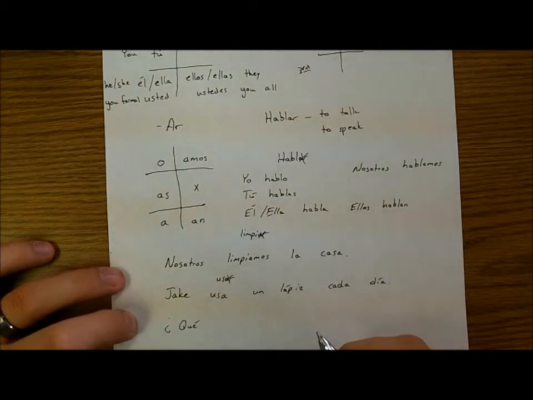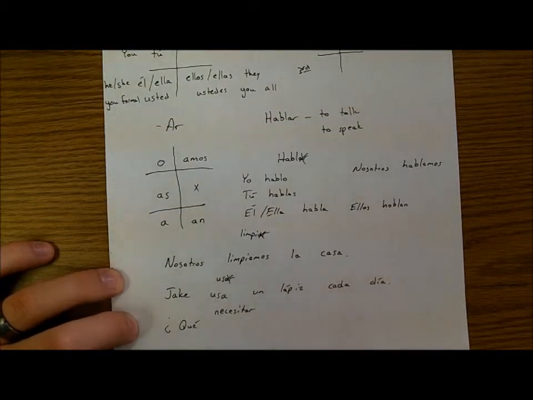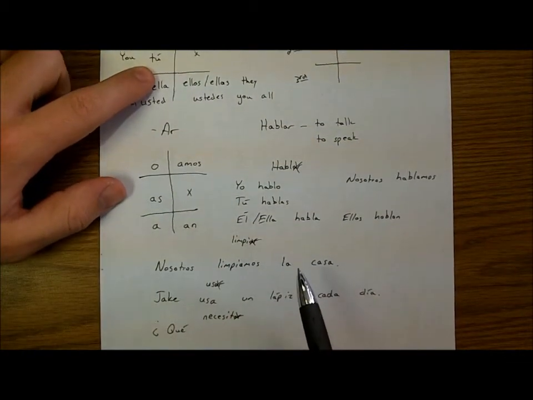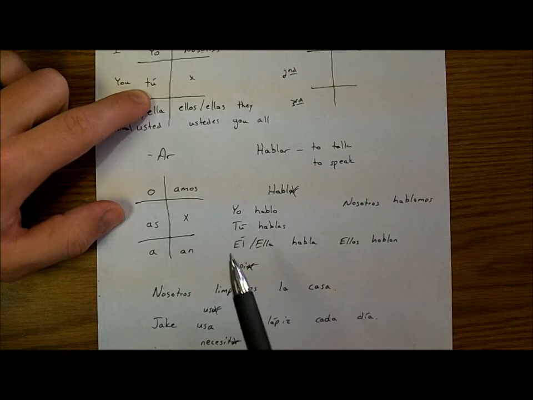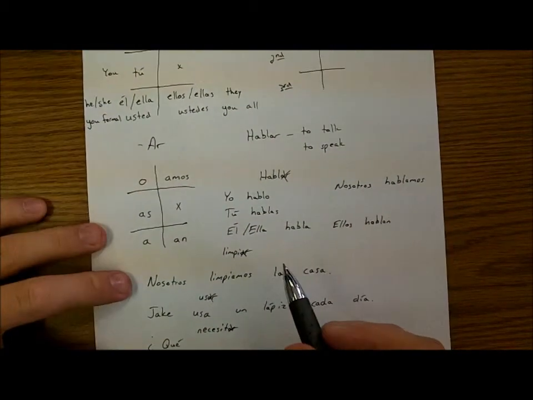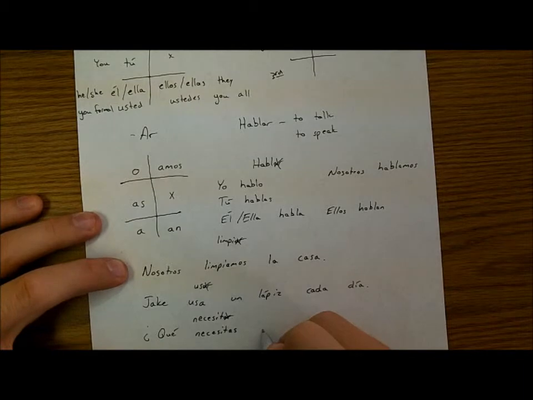So now we need to figure out how to conjugate the verb necesitar. So once again, our first step, cross off the AR, and then we look up here, and we know the you form is tú. So it's in the middle, so we need the middle ending, which is AS. So, qué necesitas para la clase.